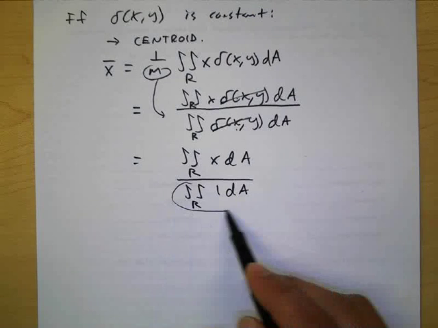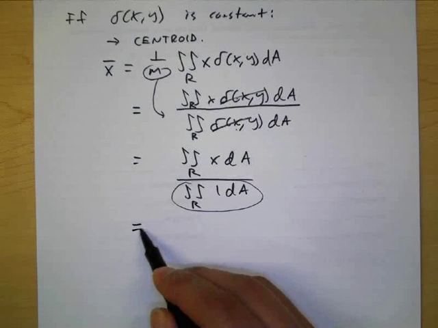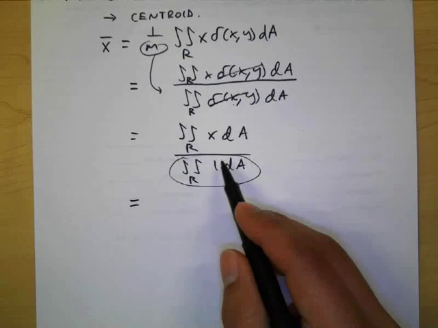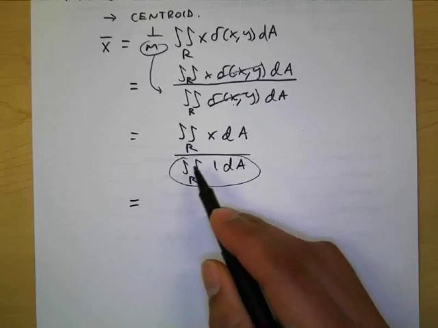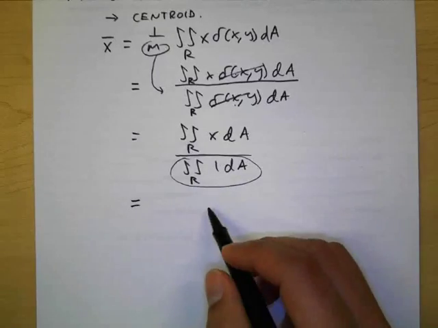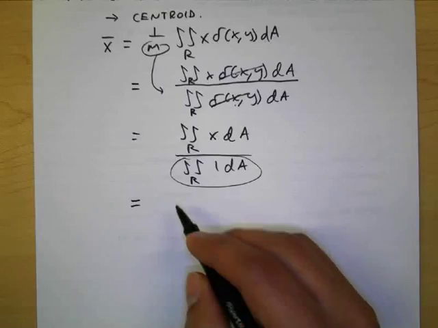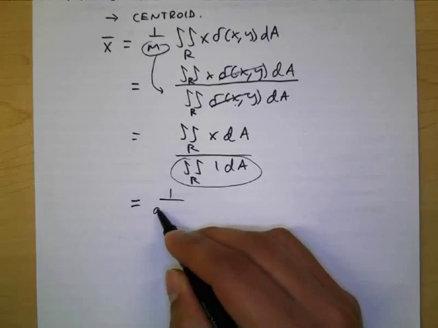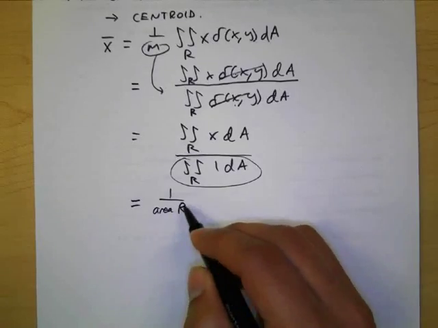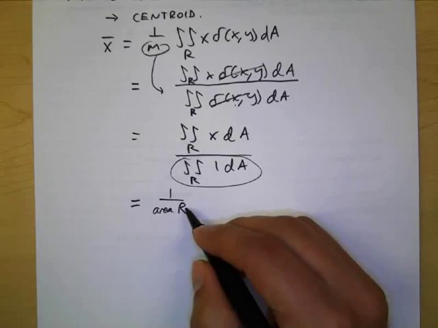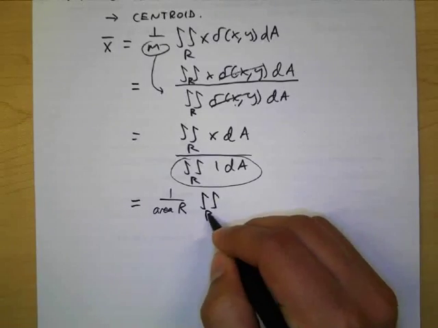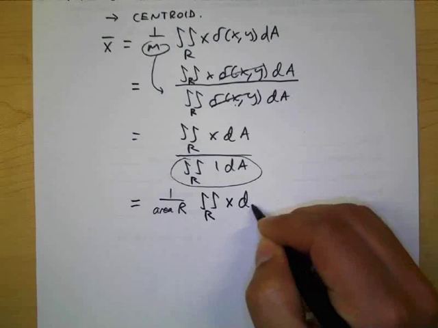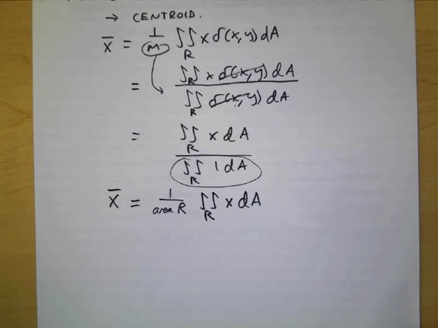And we have a name for this. What does this tell you? It tells you the area of the region. So if I rewrite the formula, this is the same as 1 over the area of R instead of the mass, times the double integral of x dA. So this would be the x-coordinate.